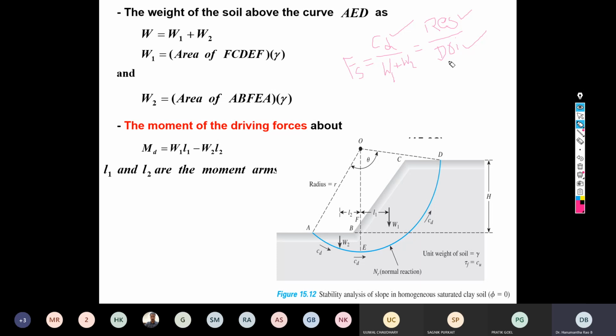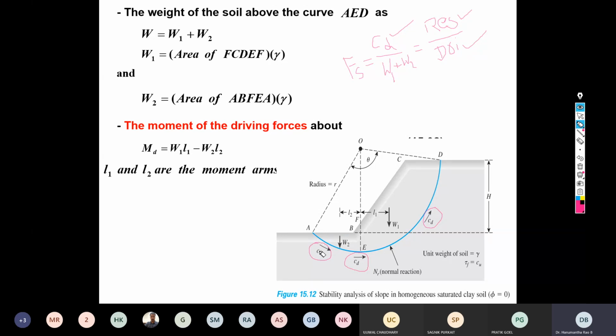Now here, CD is going to act as a resisting moment. CD is a force. So what would be the lever arm distance for this CD? Radius. So CD multiplied by R, correct.